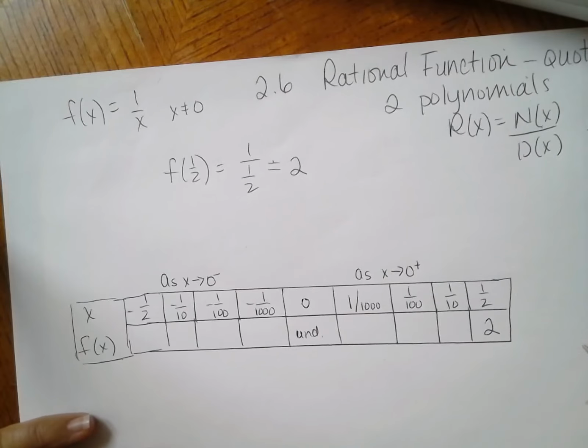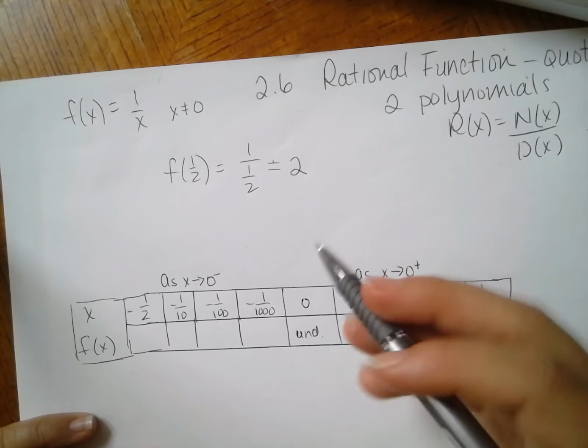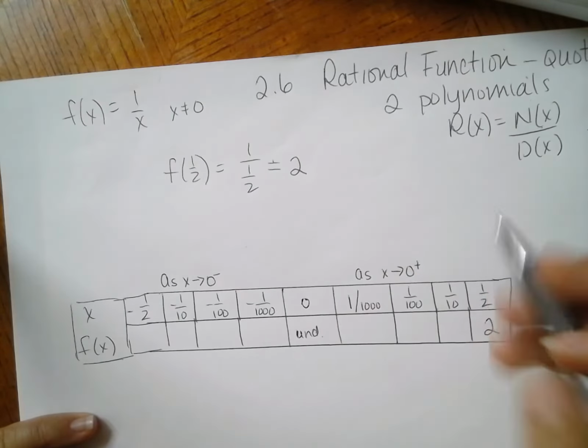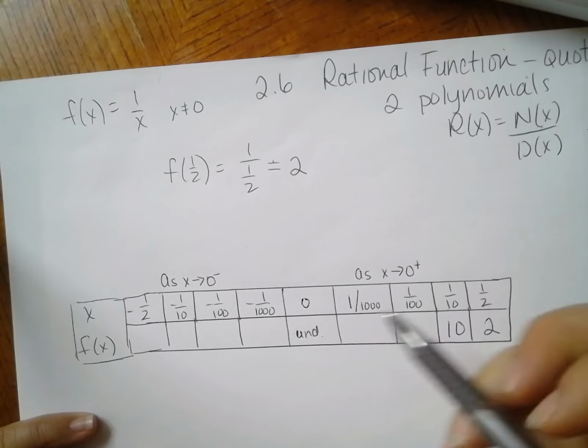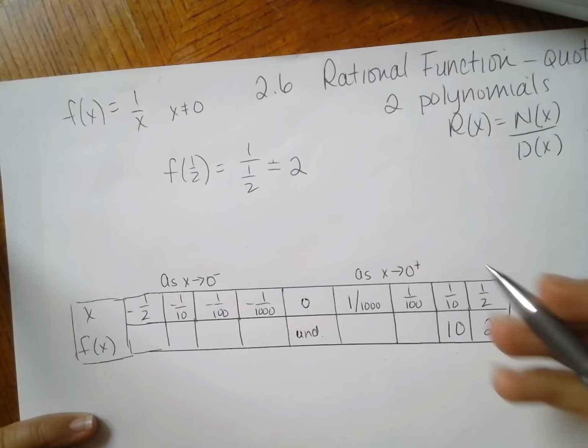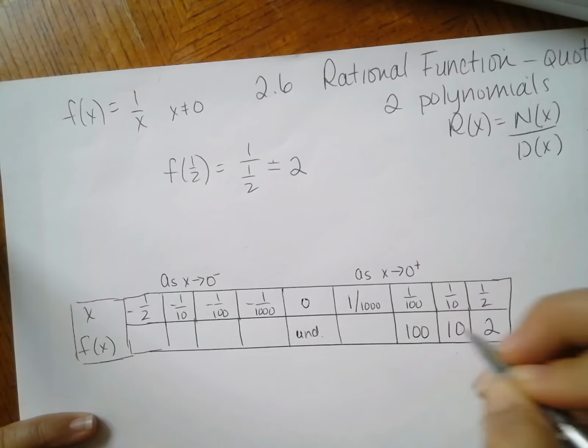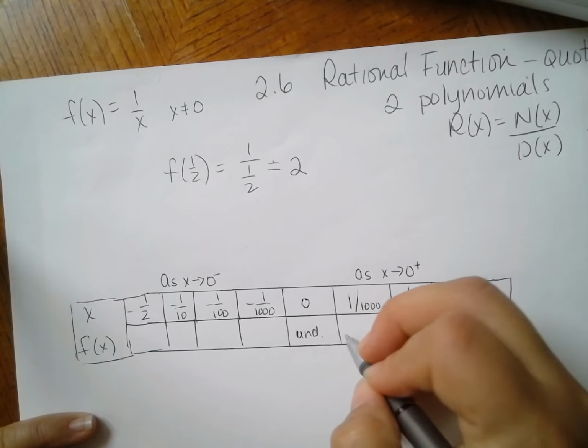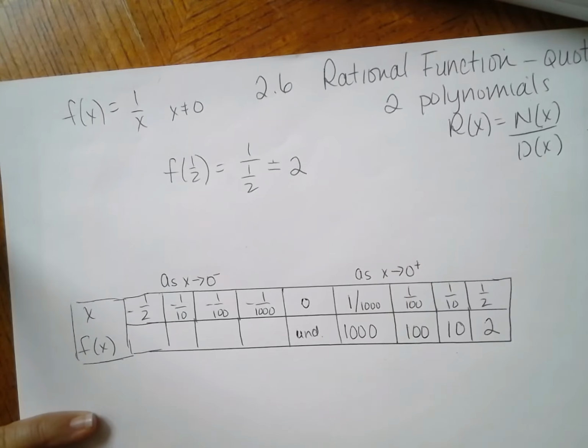Then by the same argument, when I put in 1 over 10, I'm going to get 10. When I put in 1 over 100, I'm going to get 100. And when I put in 1 over 1,000, I'm going to get out 1,000, okay? Because we just multiply by the reciprocal each time. And so my numbers are getting really, really large as I approach 0.